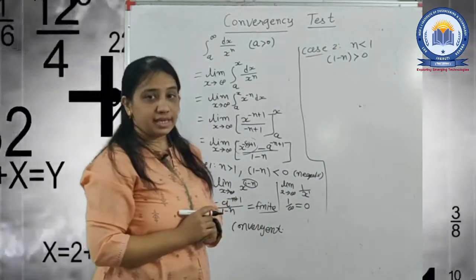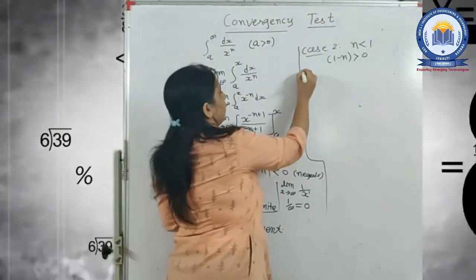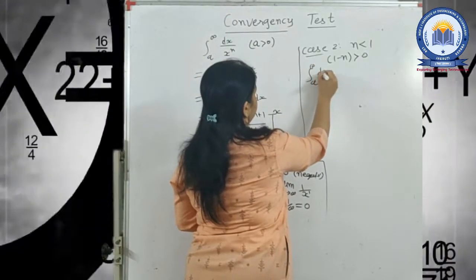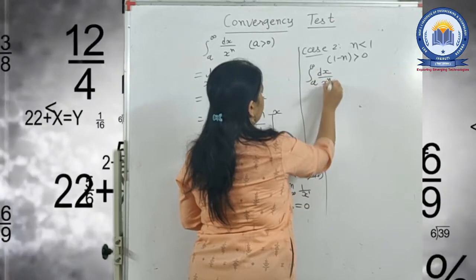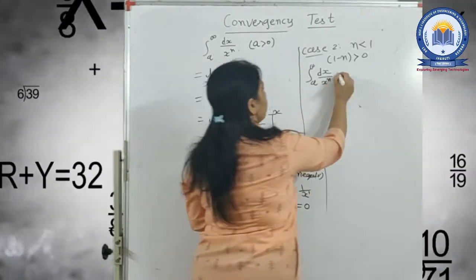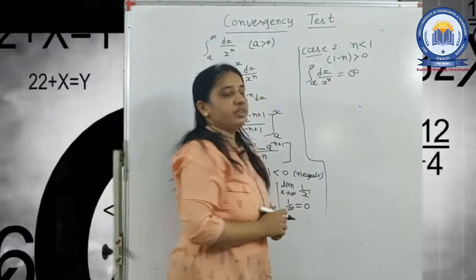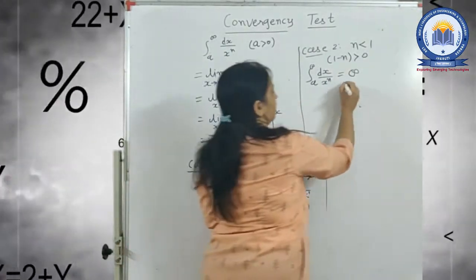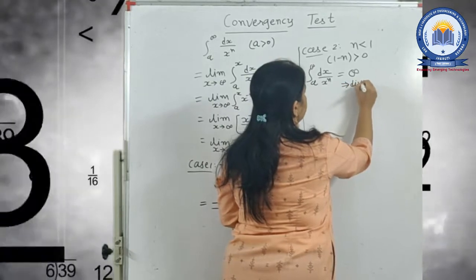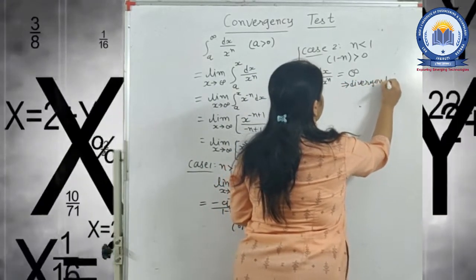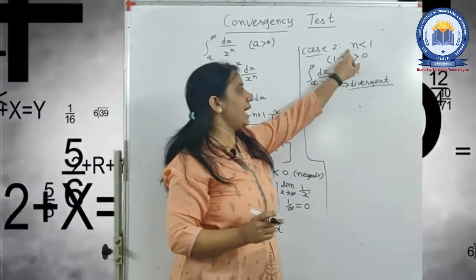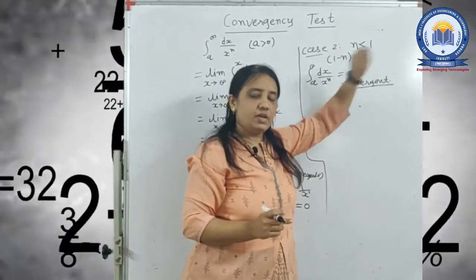So we can say that the integration of a to infinity dx upon x raised to n, the answer will be infinity. And infinity means it is divergent, for the condition n less than 1.